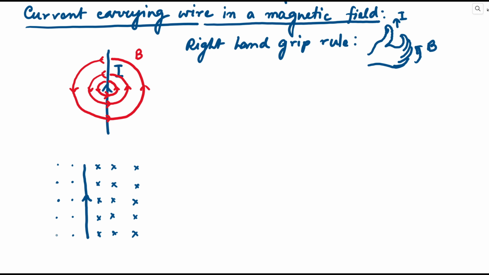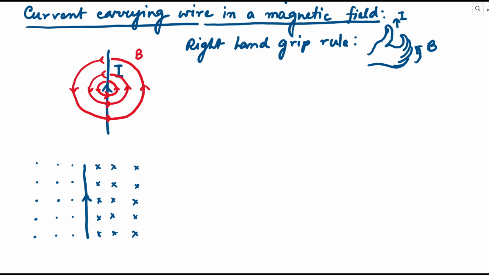And same process, the dots are more dense close to the wire, and then as we go further away from the wire, they are more spread out, showing the magnetic field strength is weakening as we go away from the wire. So this is showing the magnetic field set up by the current carrying wire in a 2D diagram.